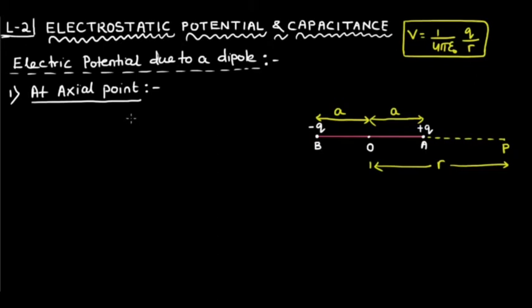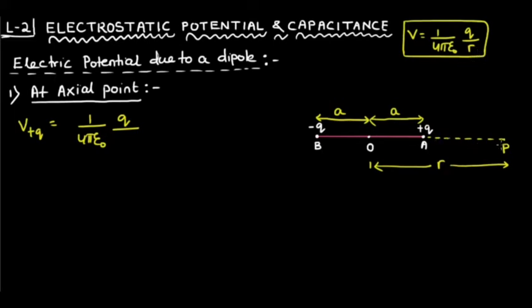So first tell me what will be the electric potential at the point P due to this positive charge plus Q. So I can write that V plus Q will be how much? The formula is V equal to 1 by 4 pi epsilon naught Q by R. R means the distance of the point from the charge.